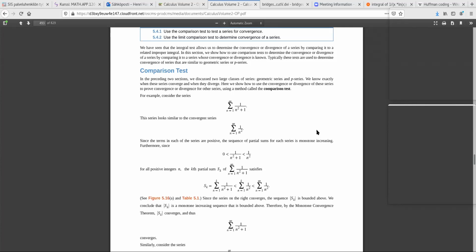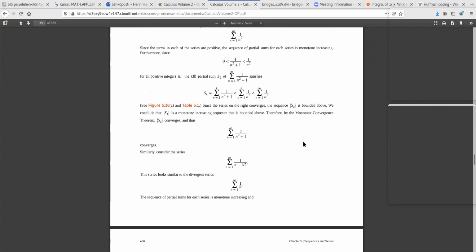So every partial sum of this first one is smaller than every partial sum of the second one, which is then, of course, smaller than the sum that we take up to infinity of 1 over n squared. So we can conclude that whatever this sum is, the limit must be smaller than the limit of this second series.